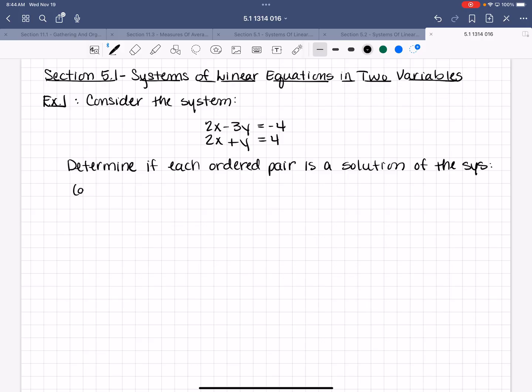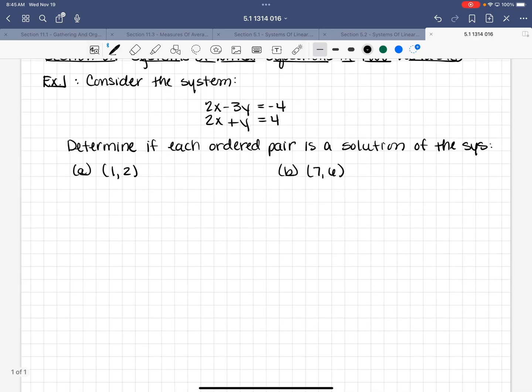And we have A, the ordered pair 1, 2. Of course, we've looked at the graph. We do know that's going to work. And B, we have 7, 6. And we should know, because we looked at the graph, that 7, 6 is not going to work. It only had one intersection at 1, 2.